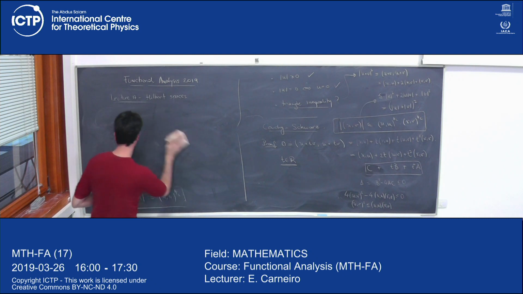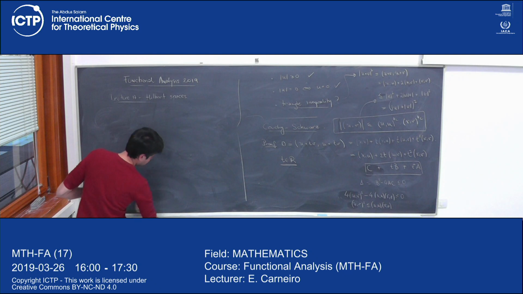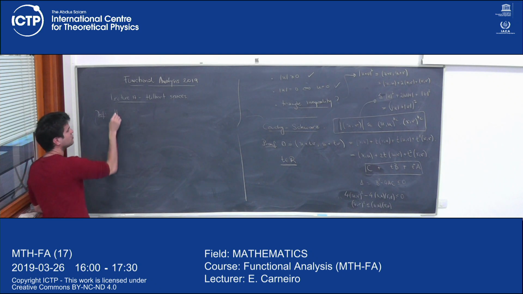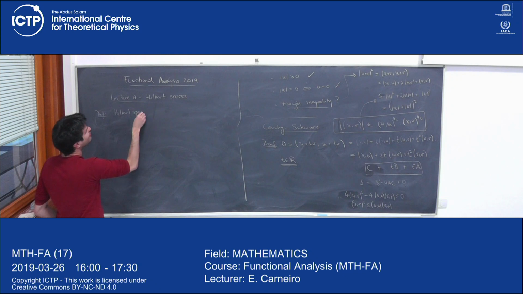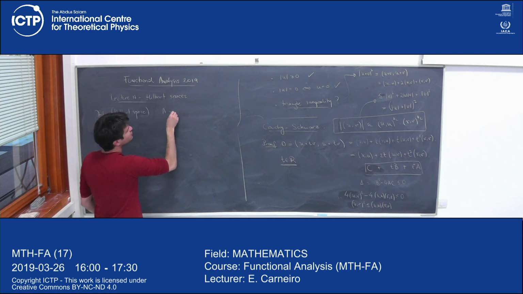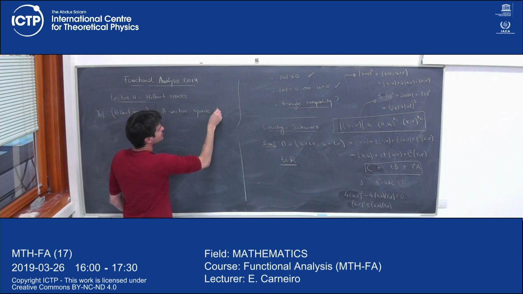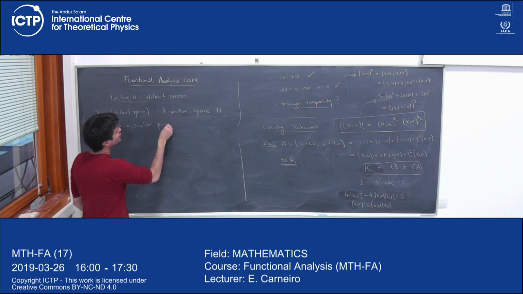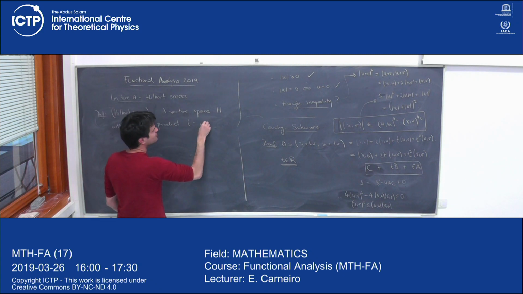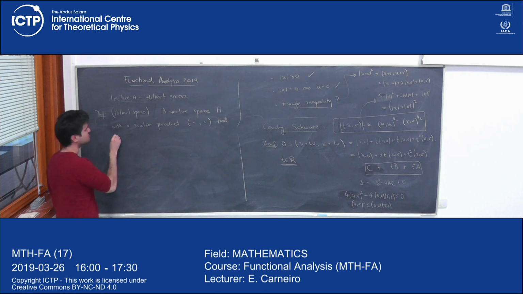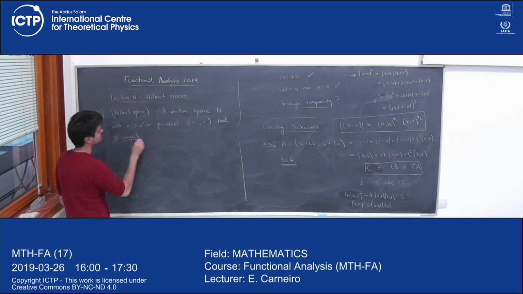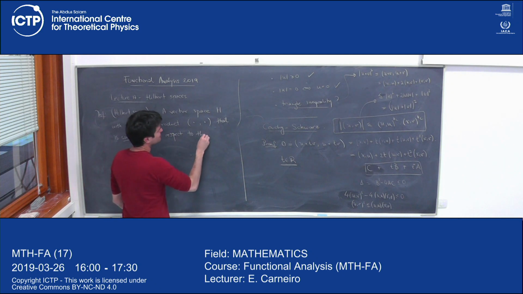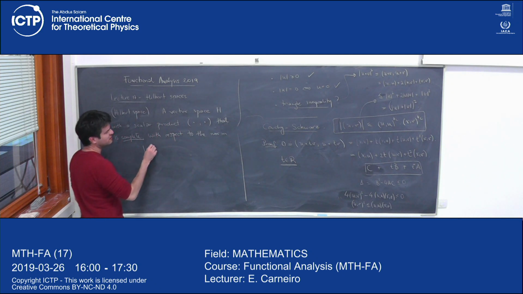Definition: a Hilbert space H is just a vector space H with a scalar product that is complete, so it's a Banach space with respect to the norm that we just defined, right?